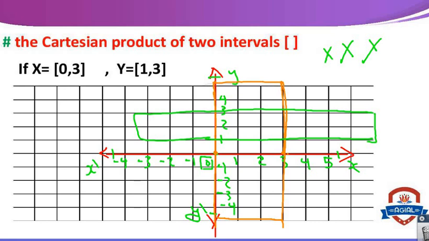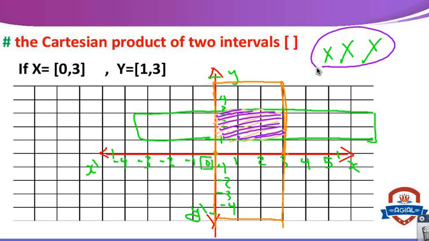This region, the intersection between them, represents X × Y. Each point in this region represents X × Y.